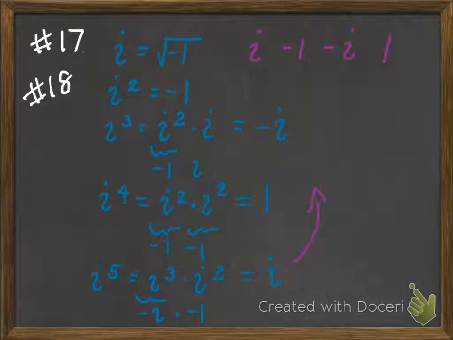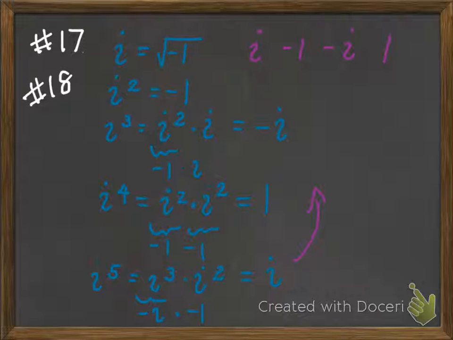Now when we go down to i to the 5th, look what happens. i to the 5th we could rewrite as i to the 3rd times i to the 2nd. We found i to the 3rd, that's -i, times, and you know i squared is -1. So we have -i times -1. That's positive i. And if you look back up to the top, that's starting the cycle over.